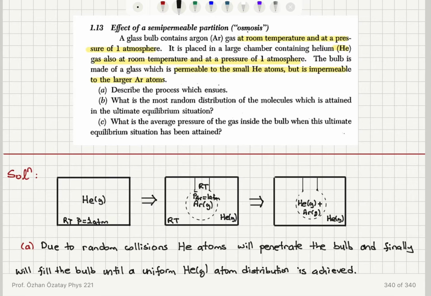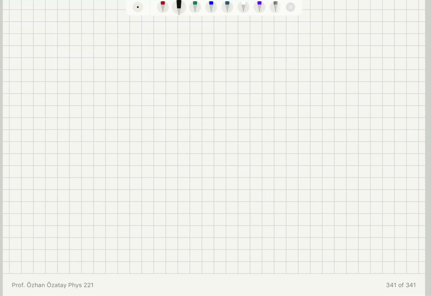What is the most random distribution of the molecules which is attained in the ultimate equilibrium situation? So let's clarify what happened in this process in part B. Well, we have the bulb impermeable to argon atoms.